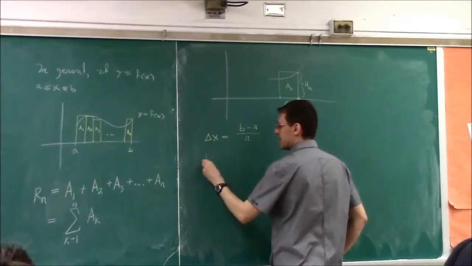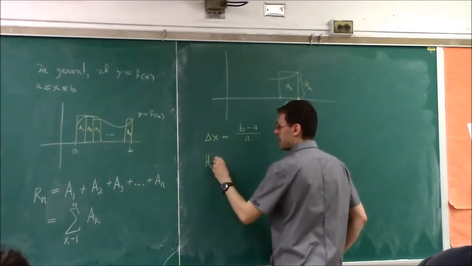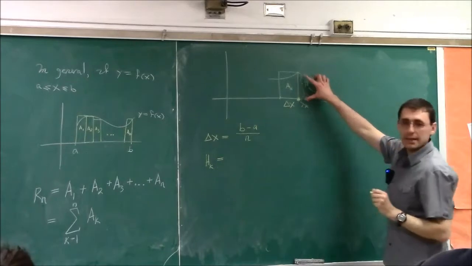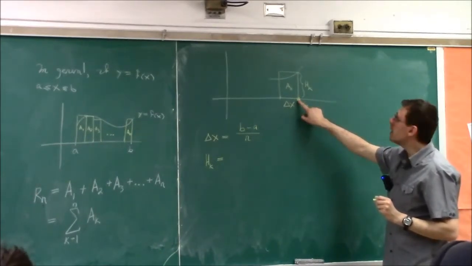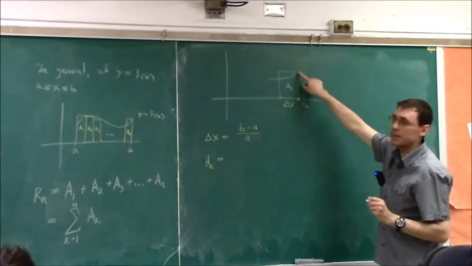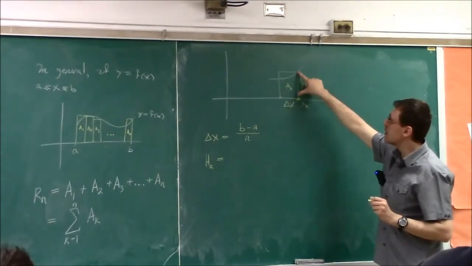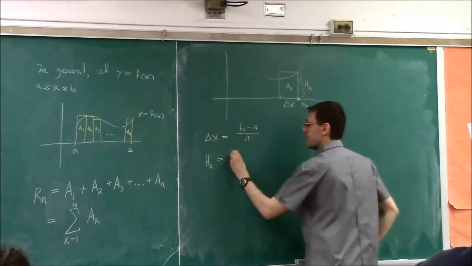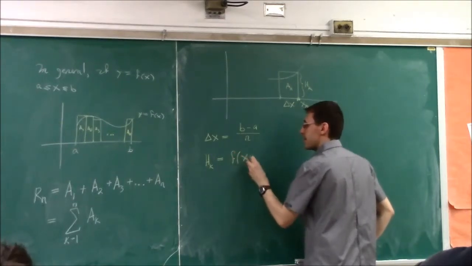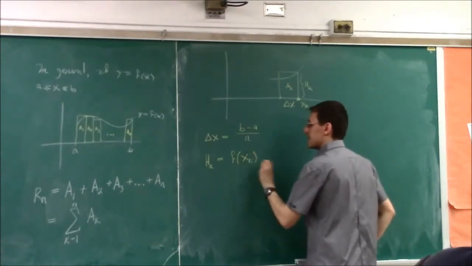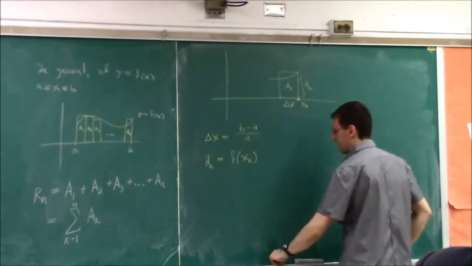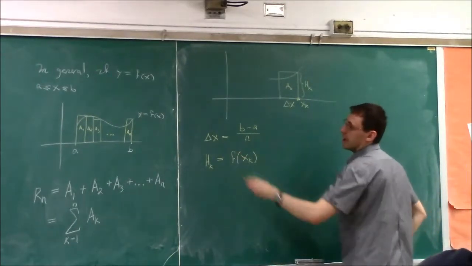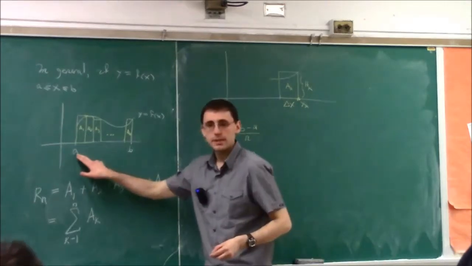So the height is created by taking the right-hand point of the interval and plugging it into the function, and that gives us the altitude. So the altitude will be simply f of x sub k. Now what is x sub k? How do I find it in terms of the interval, in terms of the points a and b?